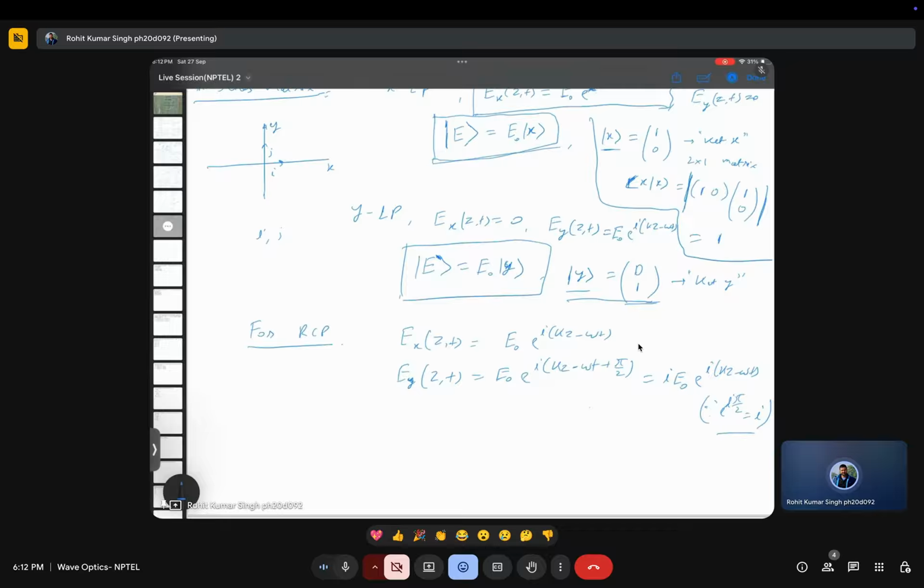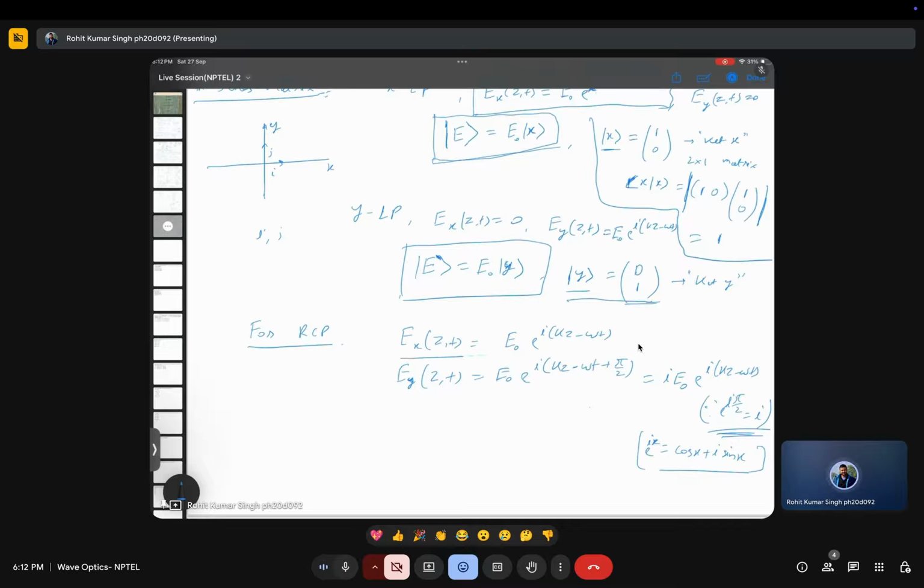Can you derive this expression? It's easy, right? You know that e to the power ix can be written as cos x plus i sin x. So using this you can see it is just i. Okay.